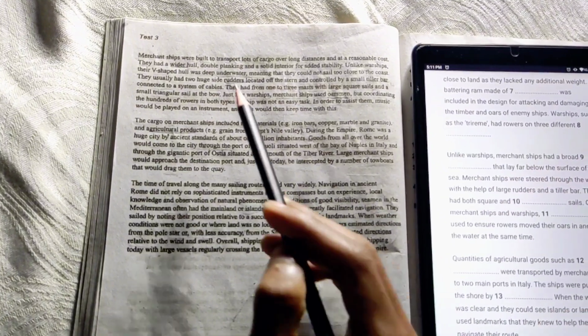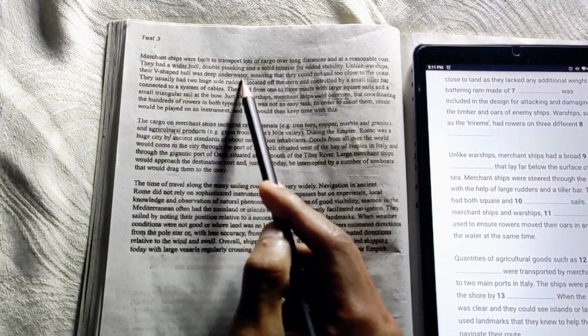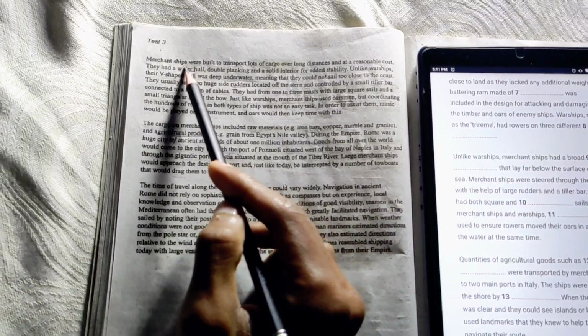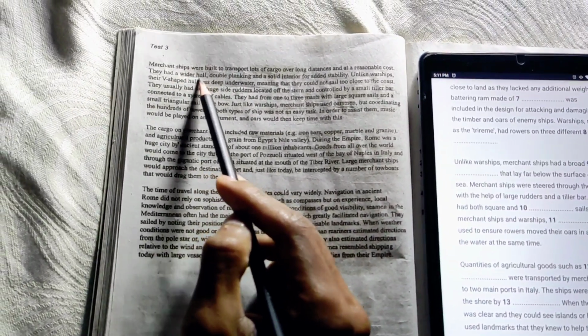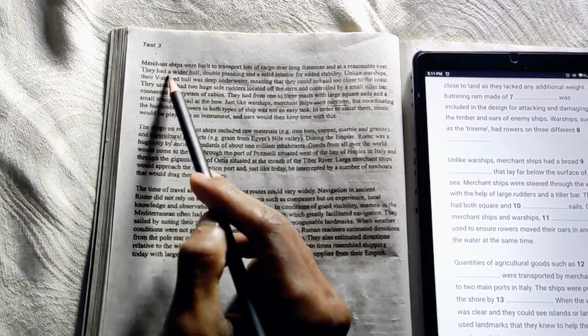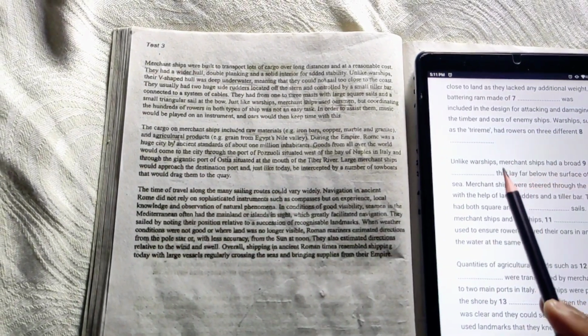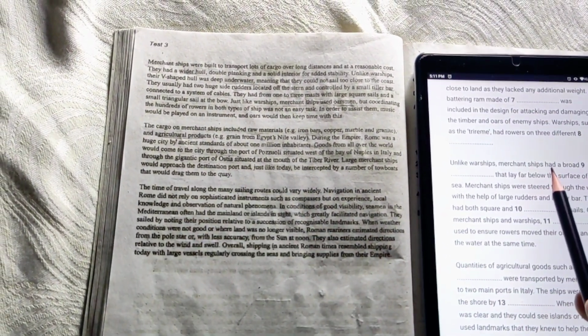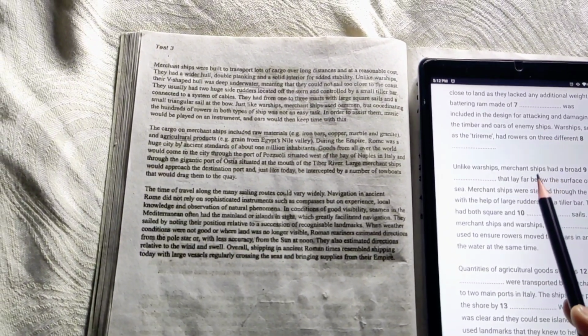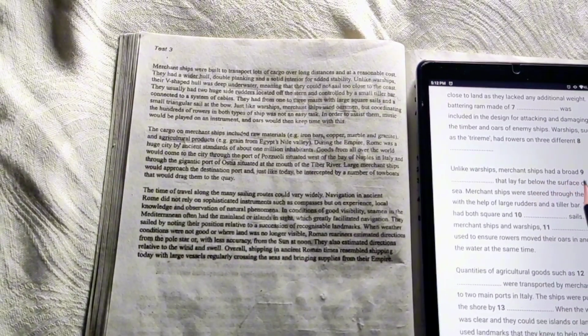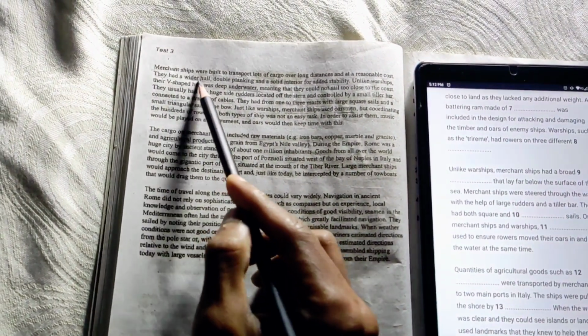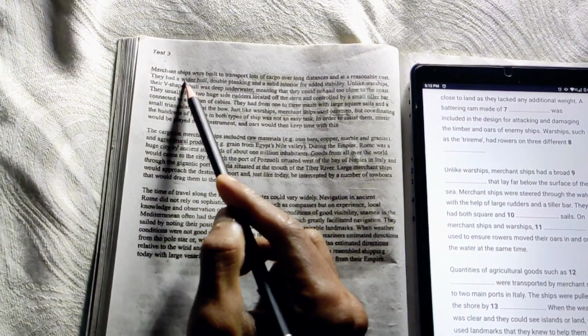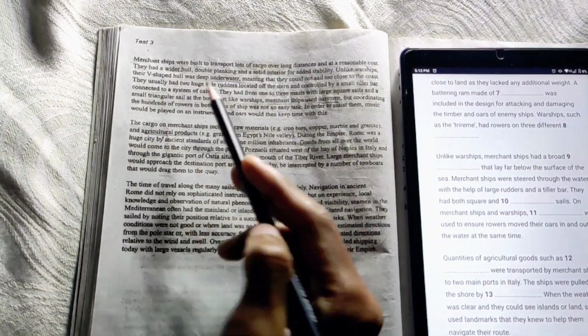There are some similarities, but the answer will be hull. Merchant ships had a broad hull, like a wider hull. It means there is a synonym for broad, and the answer will be hull.